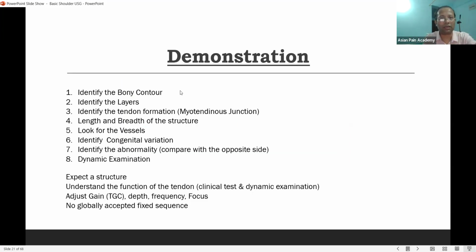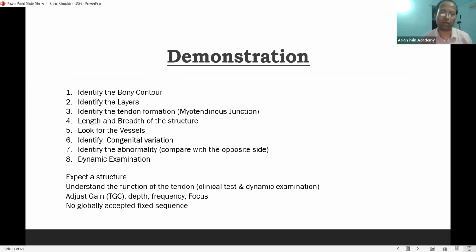So, for the demonstration, remember a few small universal rules of doing ultrasound in many areas. This applies to the shoulder area also. First, identify the bony contour. Bone is our enemy and also our friend. Why is it an enemy?